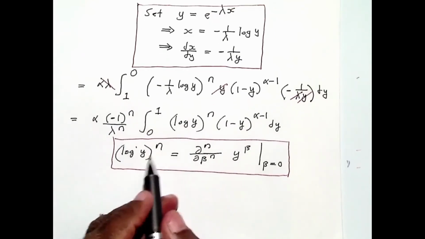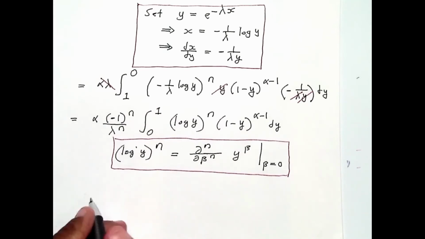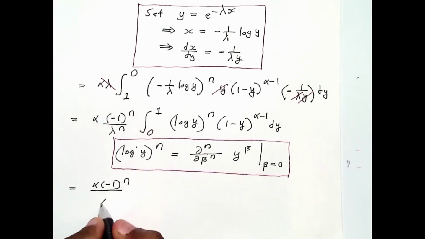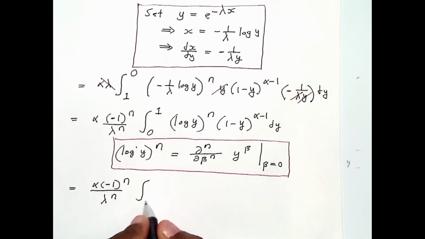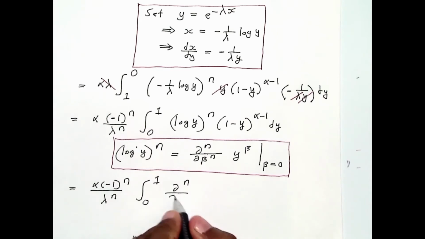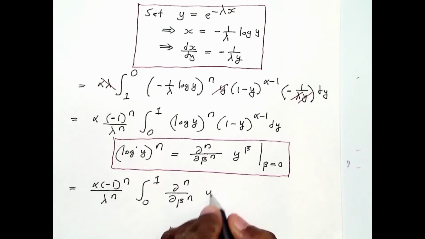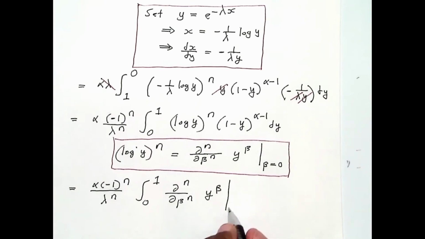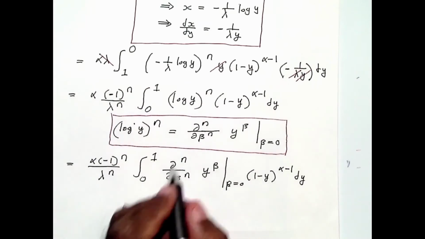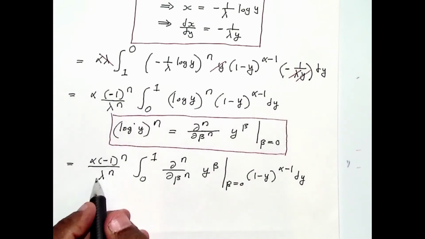So what it says is that you can replace this by this. All right. So you get alpha. Okay. Right. Now I'm going to pull out the derivative sign outside of the integral.